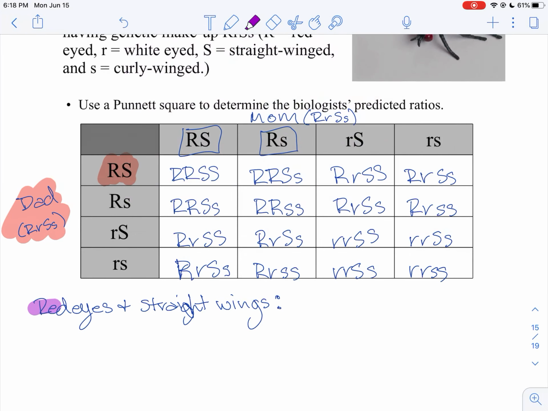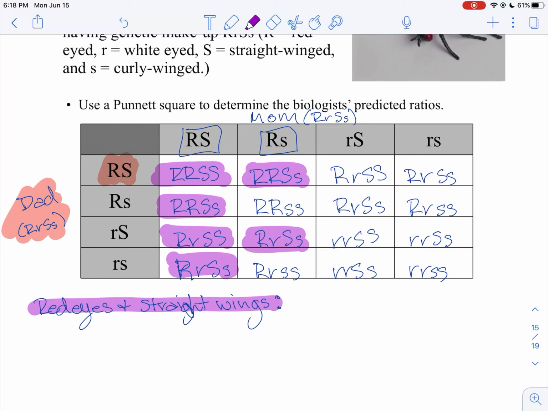And I'll make this purple, let's say. So for red eyes and straight wings, here we've got a capital R and a capital S. Here we have a capital R and a capital S. Here we do, here we do, here we do, here we do, here, here, here, and that's it, I think.